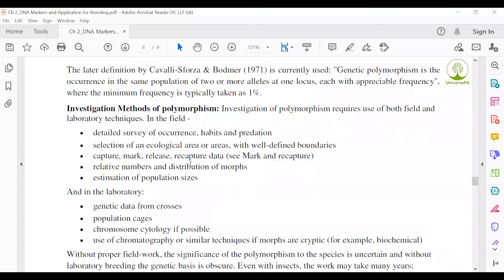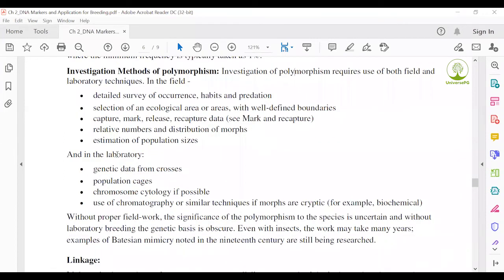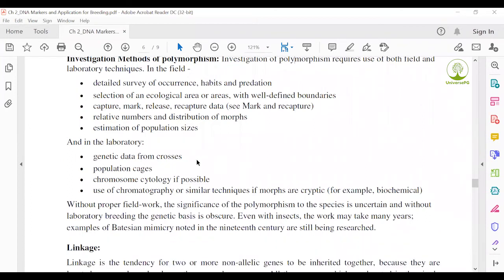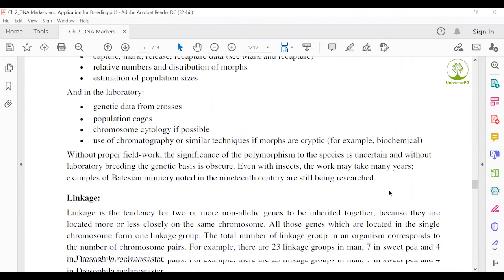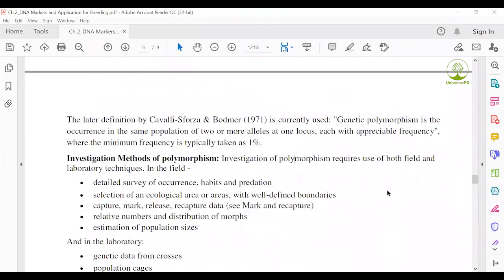Capture, mark, release, recapture data, relative number and distribution of morphs, estimation of population sizes, and in the laboratory, genetic data from progeny, population, crosses, chromosome analysis, and if possible, use of chromatography or similar techniques if morphs are cryptic, for example, biochemical.